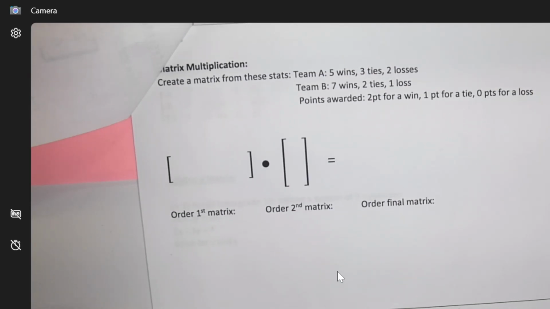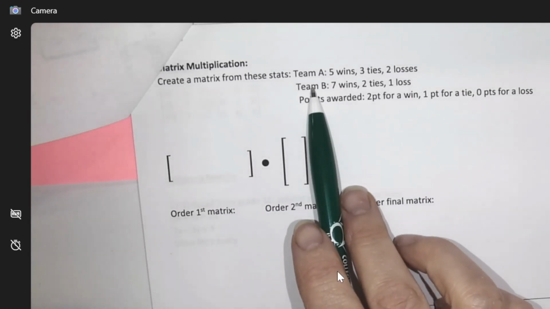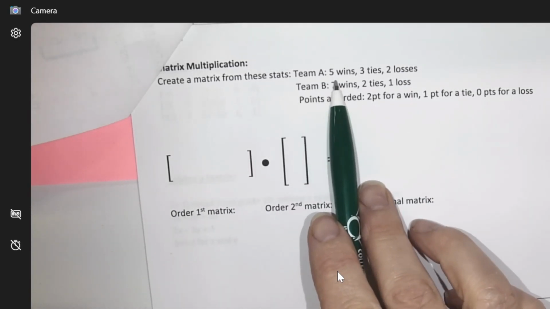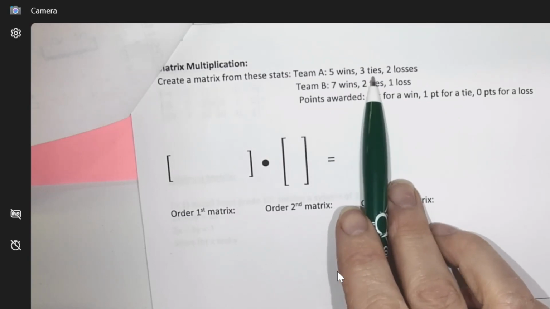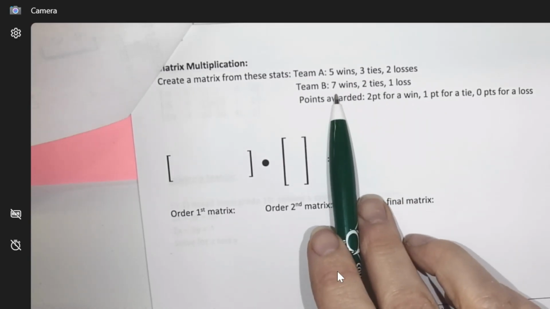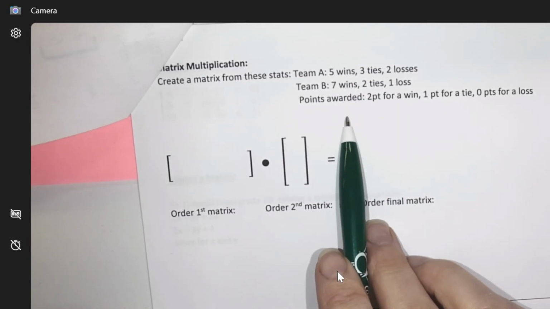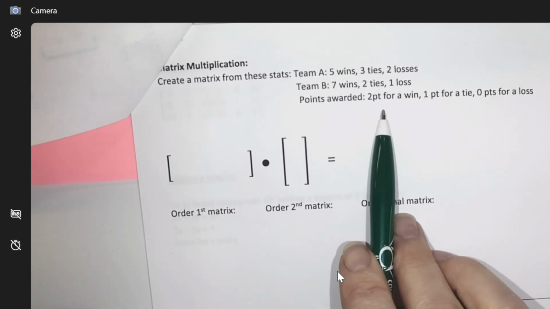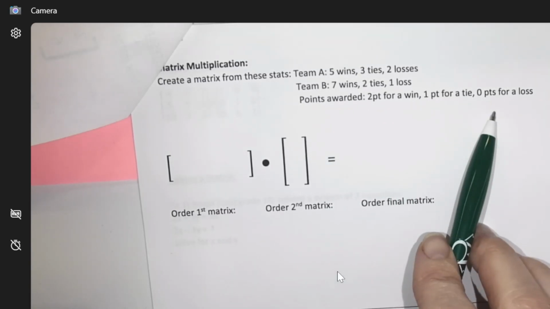Okay, so now we're going to get into matrix multiplication, how to multiply one matrix by another one. Okay, so here's what's going on. So team A has 5 wins, 3 ties, 2 losses, and then team B. And then when you score points, you get 2 points for a win, 1 for a tie, and 0 for a loss.